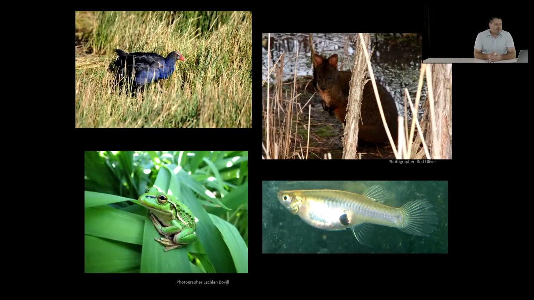And then also wetlands are very important for fishes. Tasmania's got quite a number of native fishes that use these wetlands, whether they be freshwater or saltwater brackish water species. But the one I've got here is not a native species. This is the Gambusia or plague minnow, which was unfortunately introduced in the late 90s.